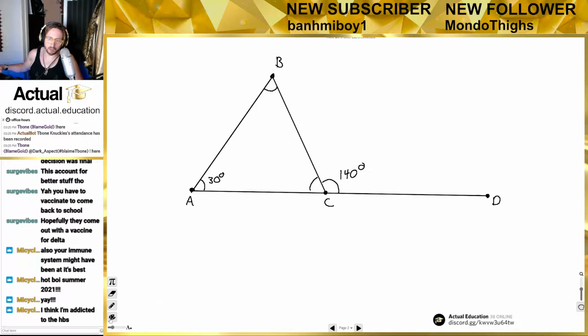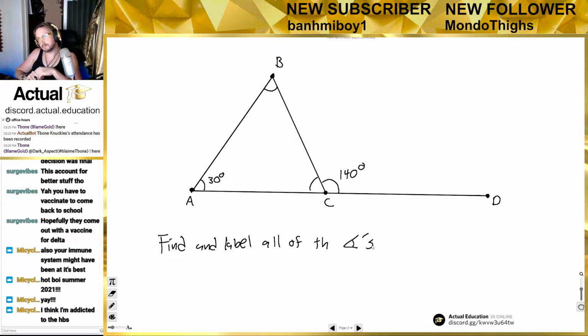First thing, the question is going to be: find and label all of the angles. That's what they say. So let's try and do this. Anything that has one of those little half circle things, that's an angle.